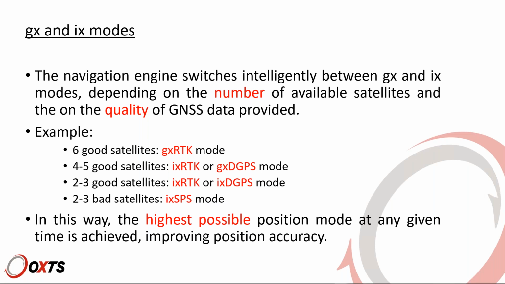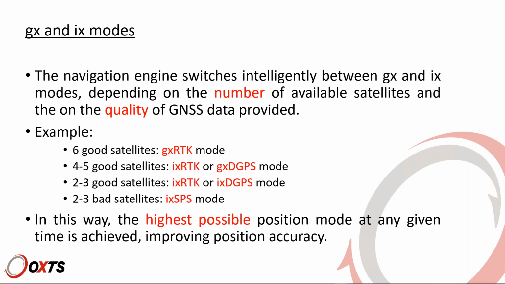If you had 2 or 3 good satellites, then obviously the GX mode is not available. Like we said, it needs at least 4. You can still have IX RTK or IX DGPS, so not just a basic IX SPS mode. That is what you get if you had 2 or 3 bad satellites, barely enough to have a position in SPS mode.